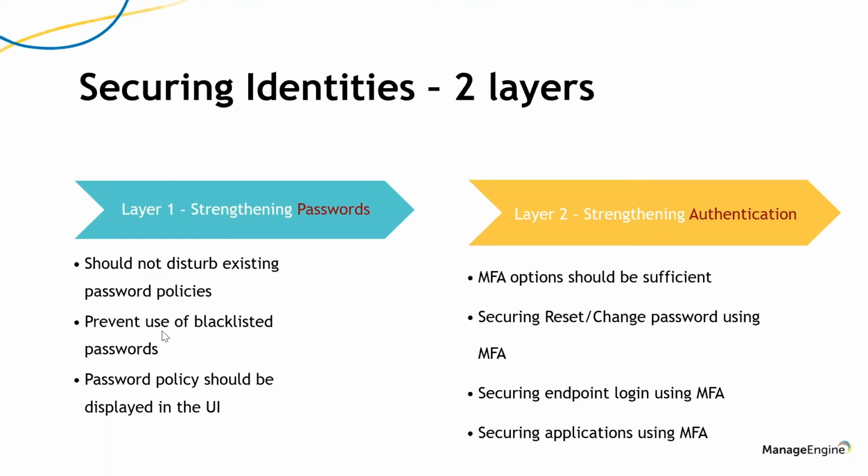Number two, the tool that you use should help you prevent the use of blacklisted passwords. Number three, no matter what policy you set for your users, the tool should be able to convey the password policy parameters to those users in their respective user interfaces. That would make life much easier for your users. That's exactly the concept of striking the right balance between user experience and password security.